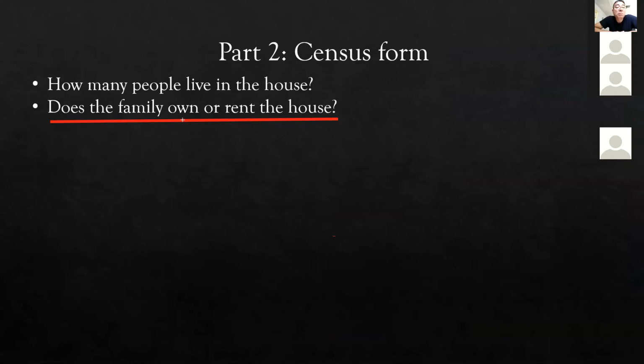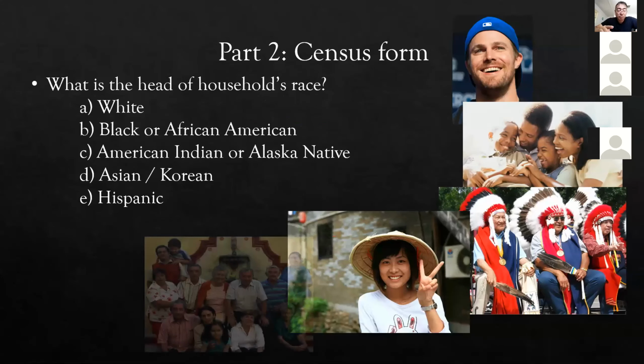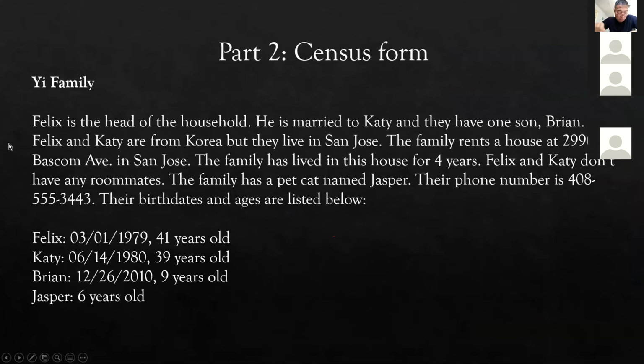Yeah, rent. So one more time. Felix is the head of the household. The family rents a house at 2990 Bascom Avenue in San Jose. This is just the address, right? Yes, this is the address. Rents.